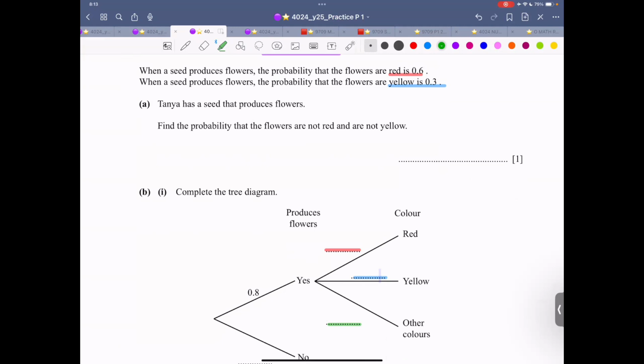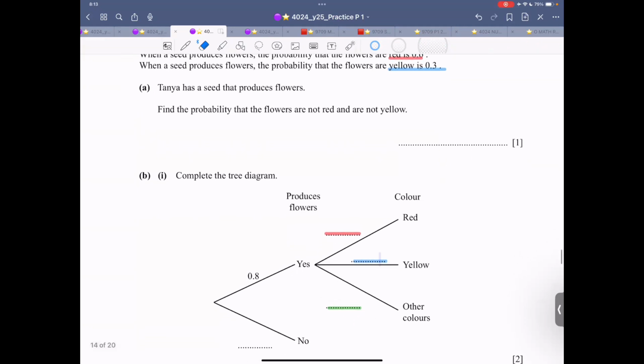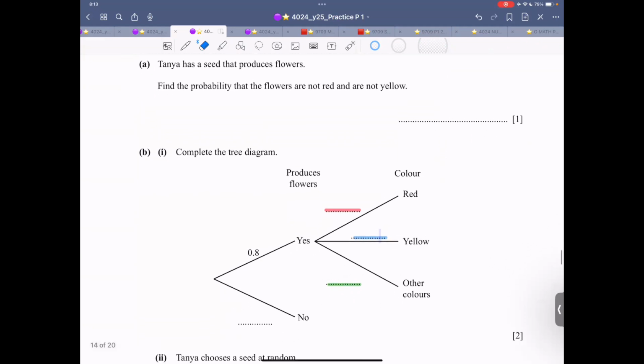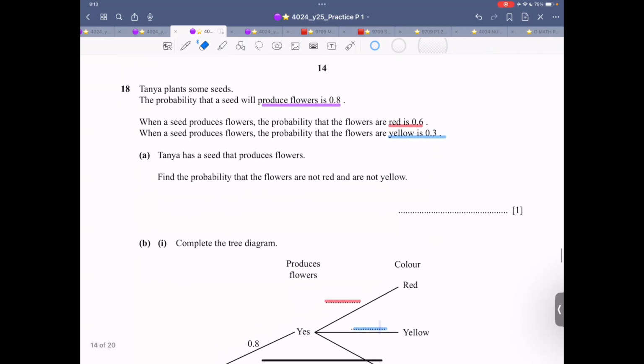Now, what else is there? Now it says Tanya has a seed that produces a flower. Find the probability flowers are not red or not yellow. Okay, now first of all, it's just about the color.